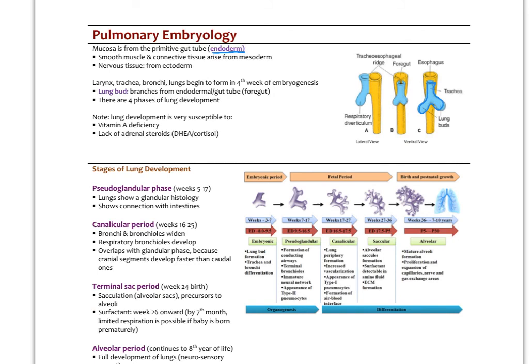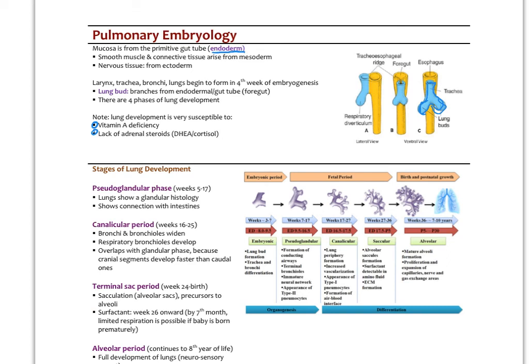You form a lung bud, you get two little side buds, and each one will form a lung. Now, this lung development is very susceptible to vitamin A deficiency, as well as lack of adrenal steroids like DHEA and cortisol. And so those are, even in adult life, I find very important hormones and vitamins for maintaining proper lung health.